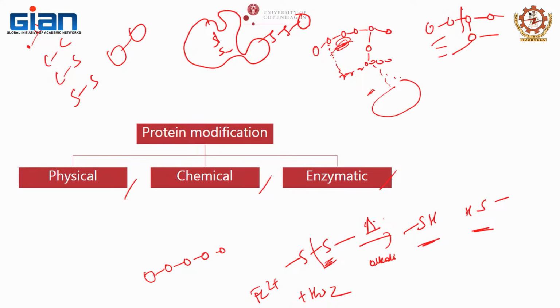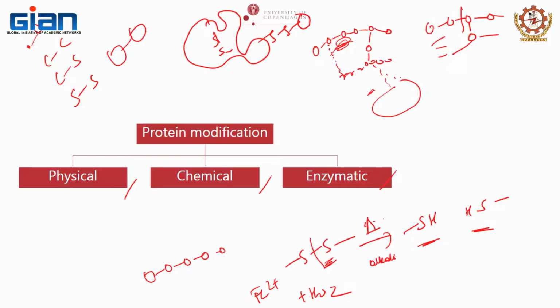When I use this particular classification, it is based on which method you are using to modify the protein. Is that clear now? As I have clarified already, when I say physical modification, it means we use physical treatment to modify proteins, and they can bring chemical changes.